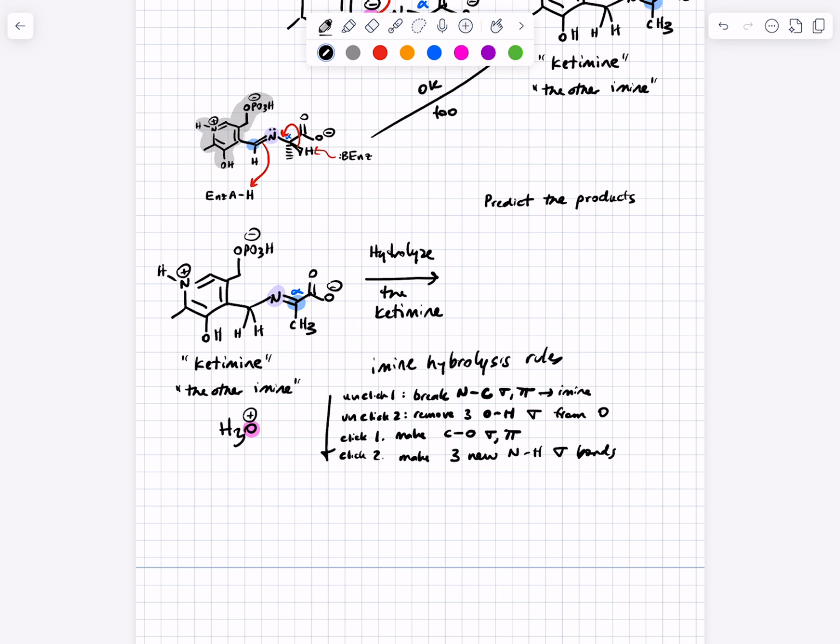I'm using H3O, right? Yep. Okay. Wait, I don't have to just show the arrows? No arrows, just products. Just products, okay. This is the reverse of imine formation. We're gonna go with, oh goodness, okay. I'm just gonna draw.